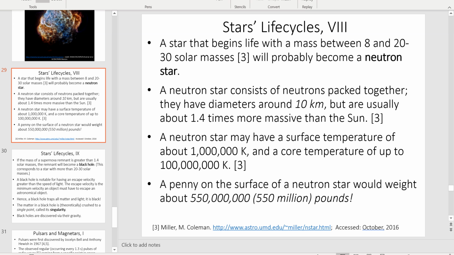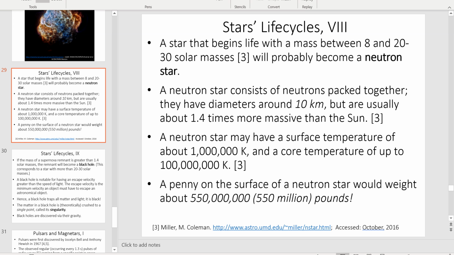And then the core of the star, or I shouldn't necessarily say the core, but there will remain a remnant of the star that we call a neutron star, which is essentially the core of the star that exploded, shed everything else, but the neutrons that make up the core. And a neutron star is called a neutron star because it's made essentially of neutrons that are stuck together and held together by gravity.